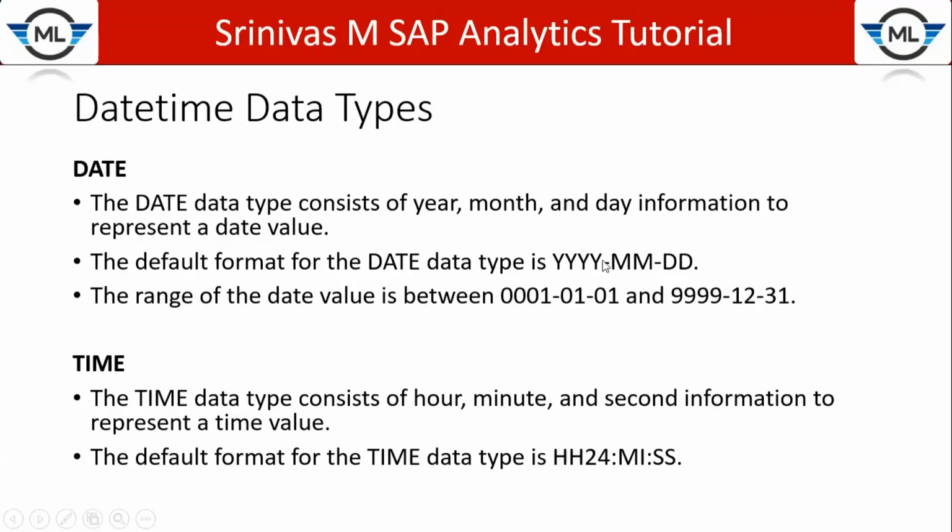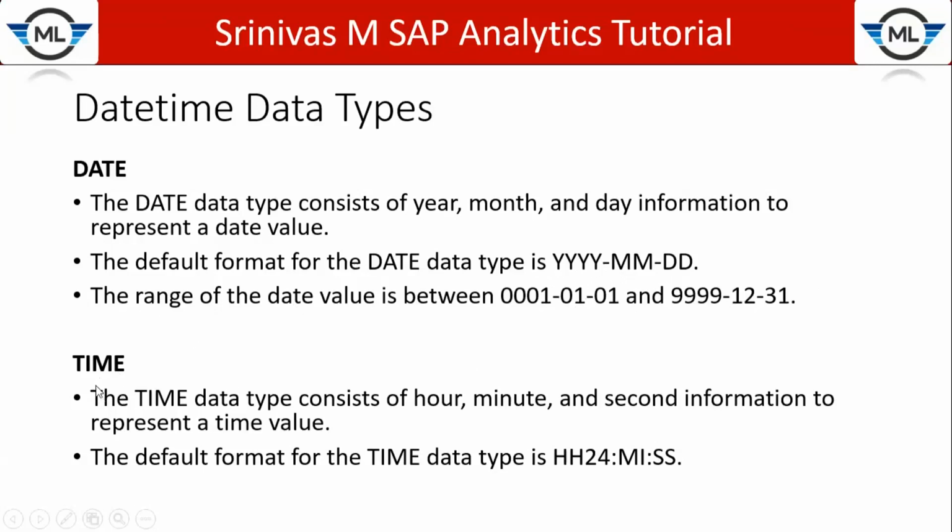So you should consider this also one character and extract from the 6th character for 2 places. So that's why it is important to remember what format HANA stores dates in. The range of the date value is between this and this. Okay, this is fine, we won't give more than that.